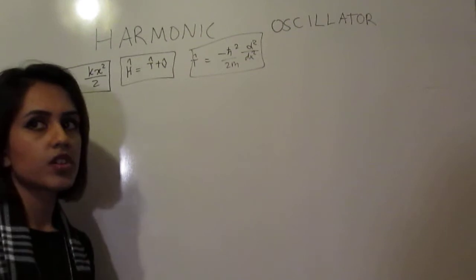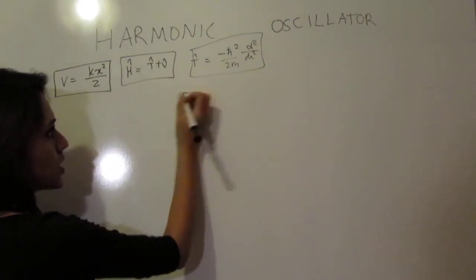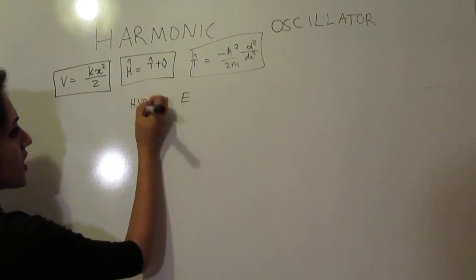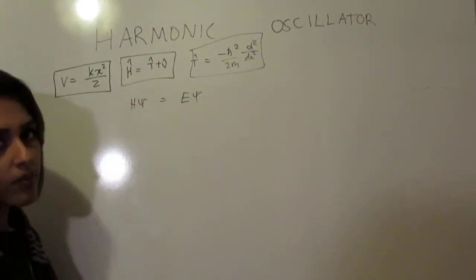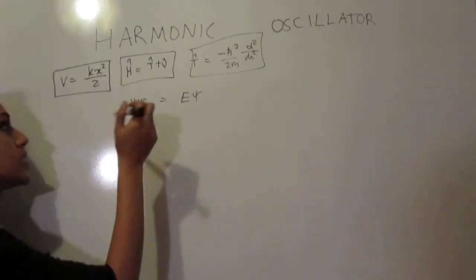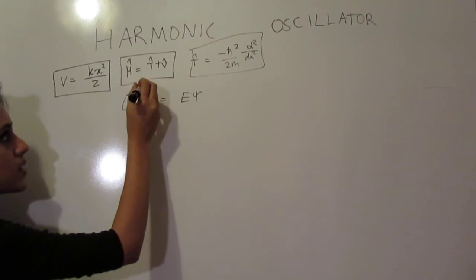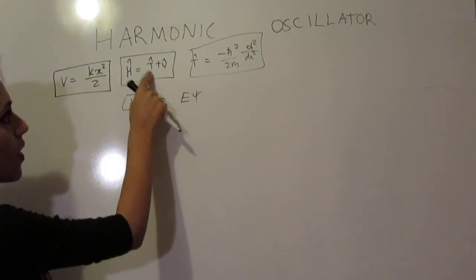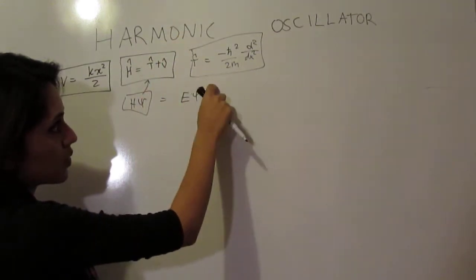Going back to the original Schrodinger equation, which is H psi equals E psi, we now know that this part is the same as this. So we found out what the kinetic energy operator yielded, which is this.